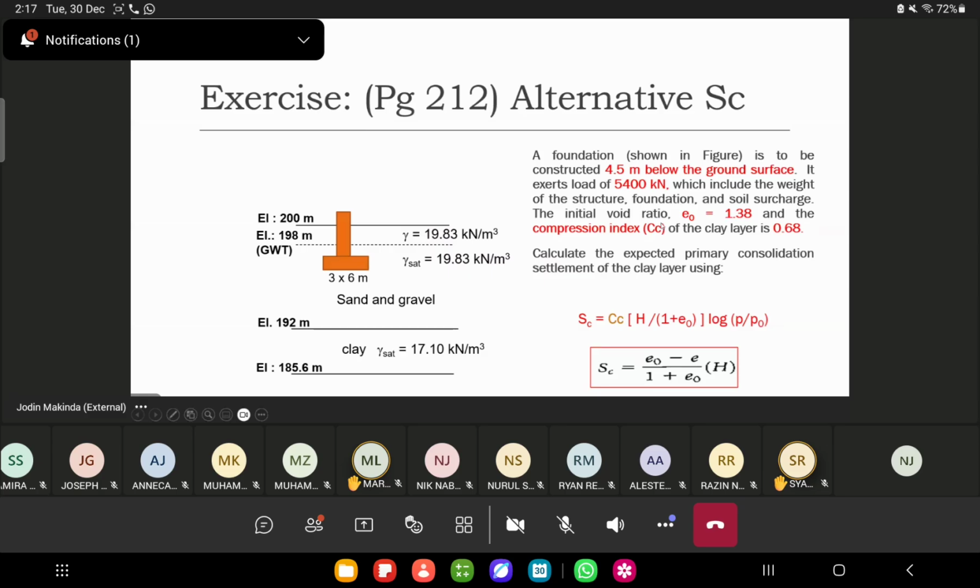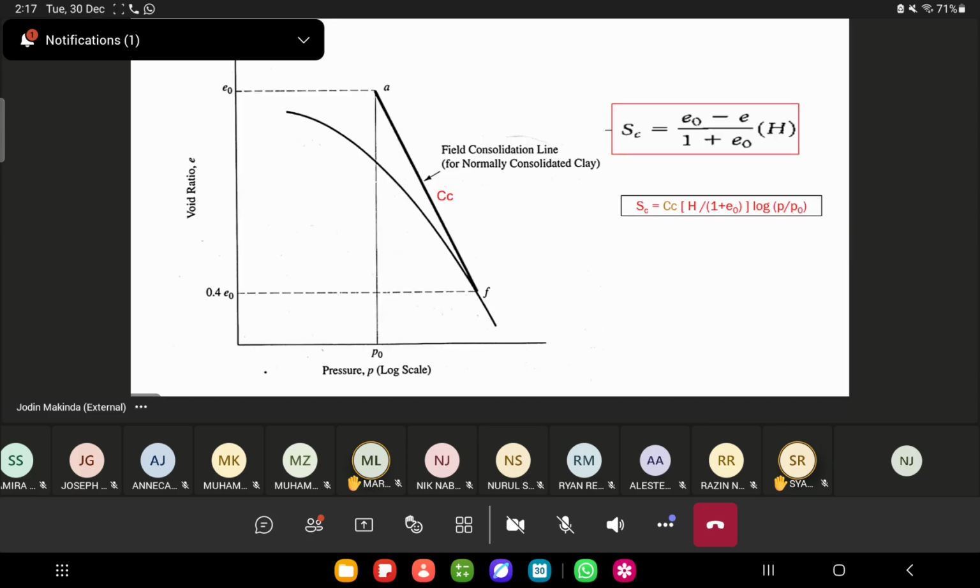The compression index is given as 0.68, meaning that you now have the compression index CC in the equation, 0.68. You now have the thickness of the clay. You only need to calculate the current effective pressure.